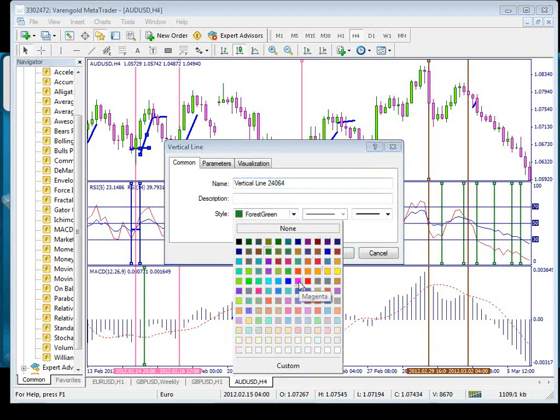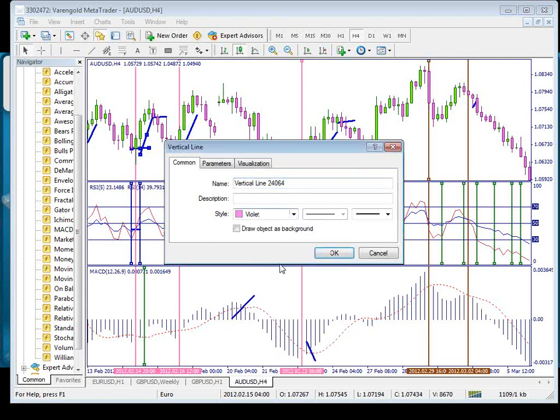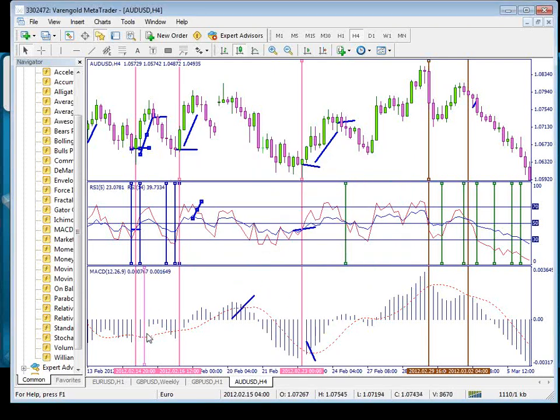I will try to put the same color, because I want to make the association between the signal on the 4-hour and the signal to buy from MACD. So here in MACD is a very clear signal for one buy.